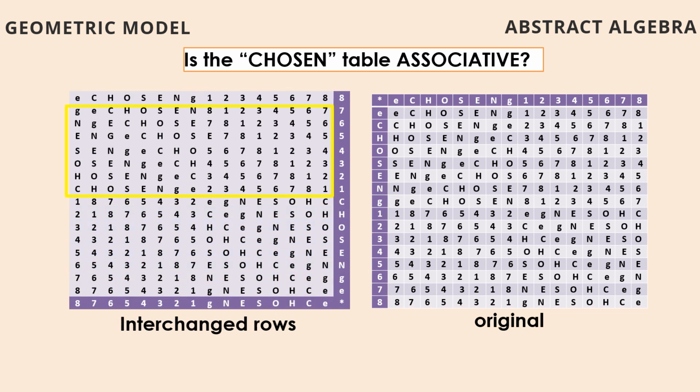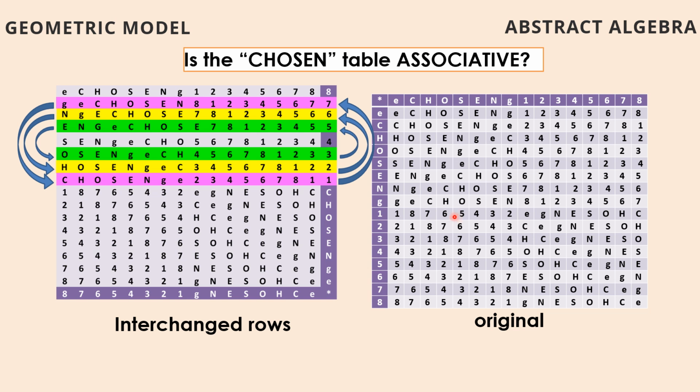Here, the elements of the interchanged rows from the flipped table are not yet identical to the original table inside the yellow box. So what we are going to do here is interchange other rows for it to be identical to each other.